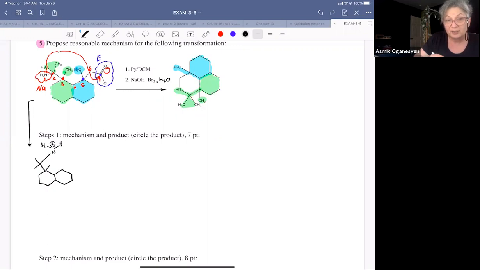I rotated my amino group closer to the carbonyl, so it's easier for me to draw my 7-membered ring. Okay, CH3 over here. I'm not putting CH3s on anymore. I really don't have to.